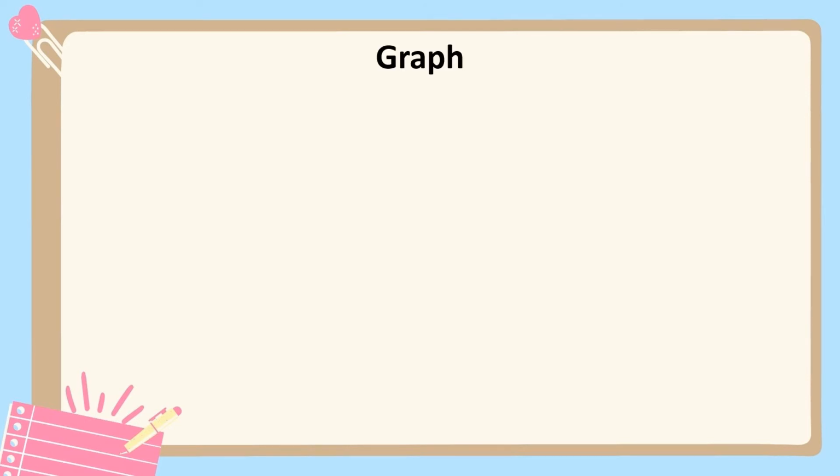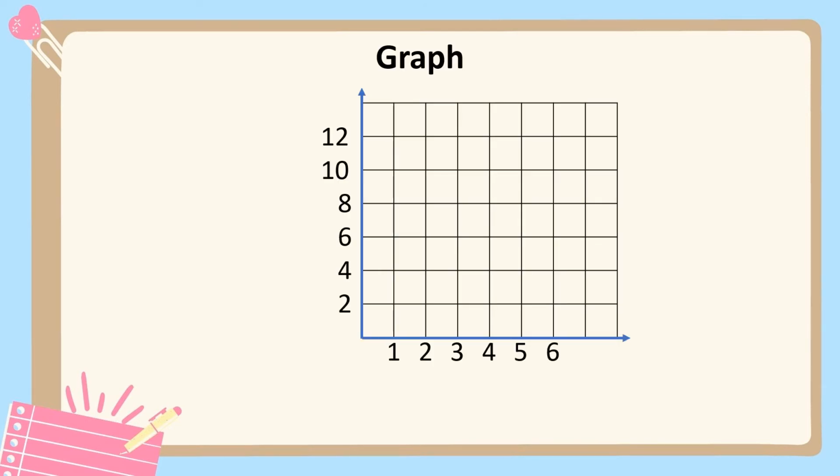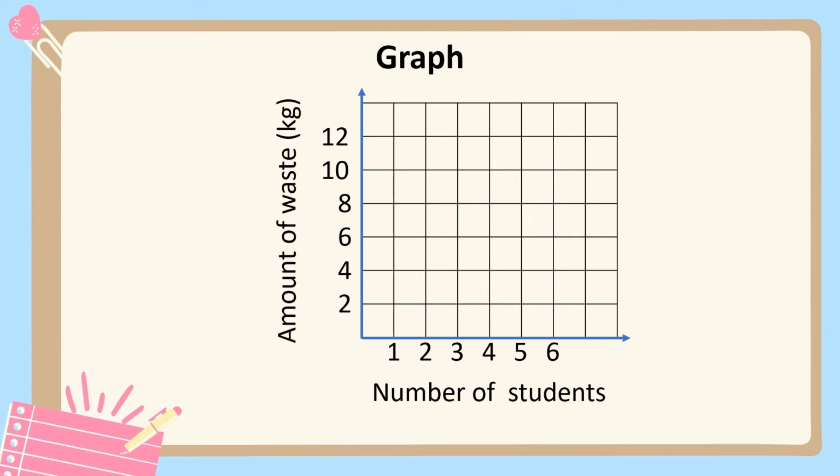Next is a graph. The horizontal number line is the number of students, and the vertical number line is the amount of waste in kilograms. If there's 1 student, he or she generates 2 kilograms.